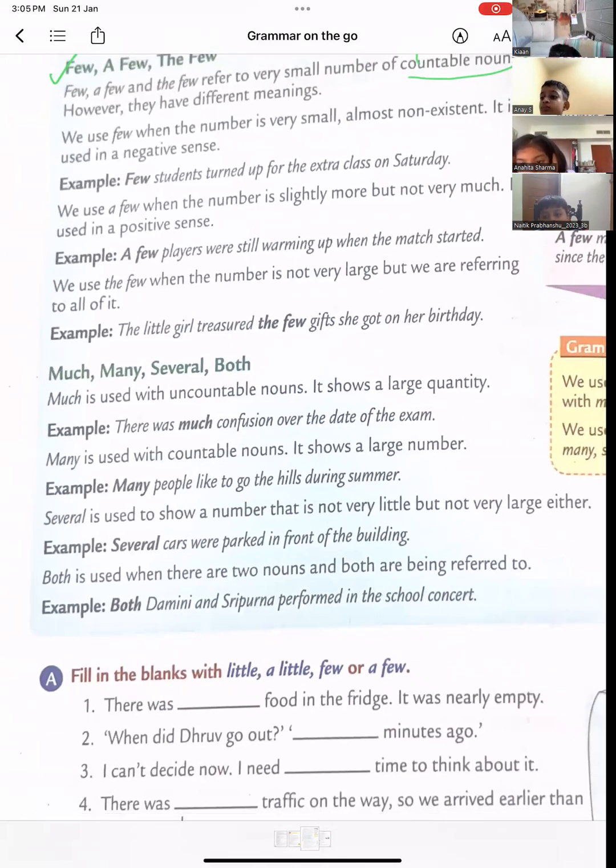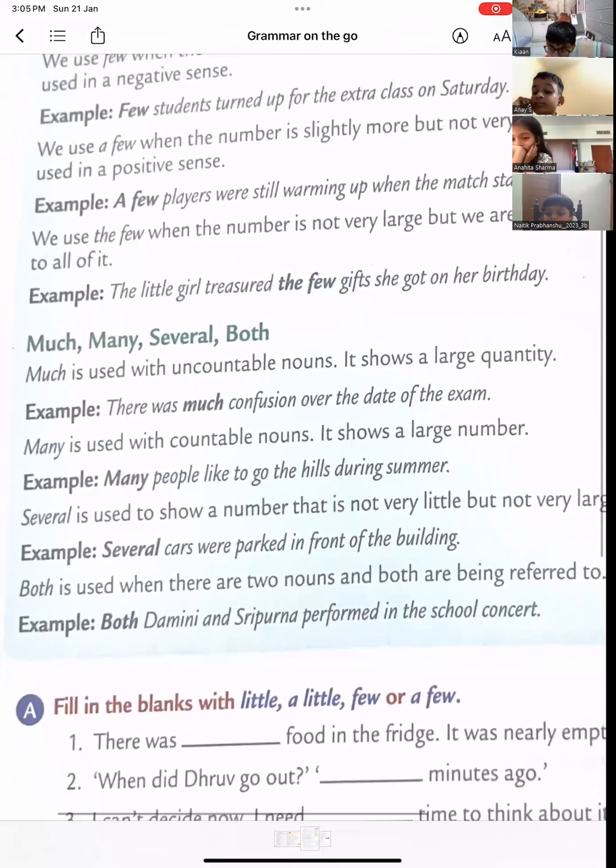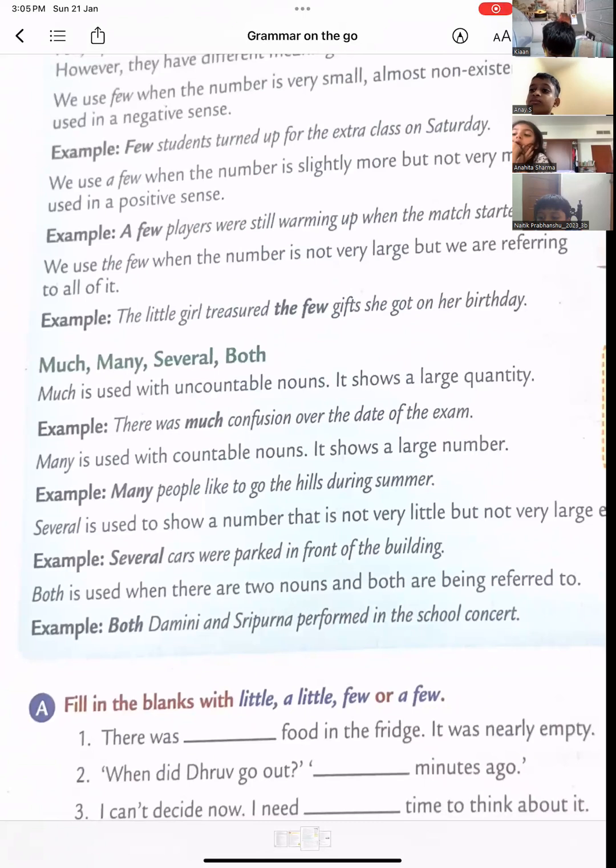So several cars were parked. Now, since it has been associated with cars, we know car is a countable noun. So several would be used with a countable noun. Several people assembled for a team meet or anything.